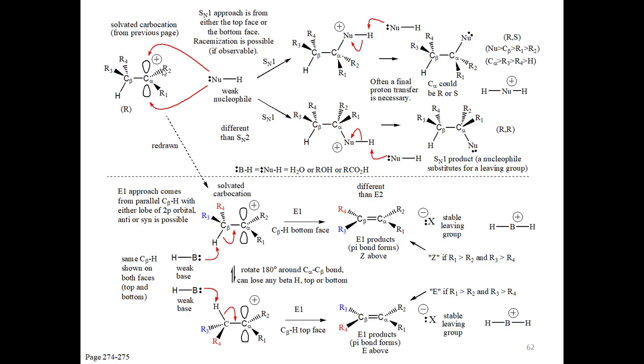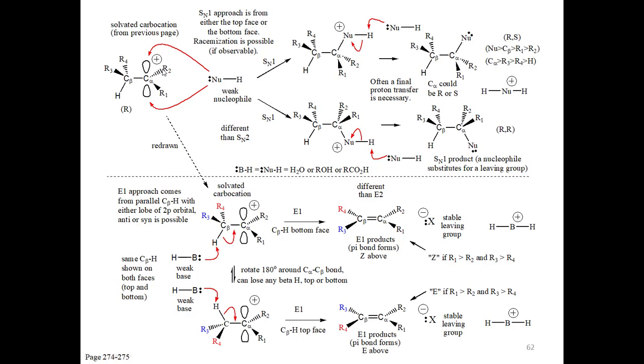So coming over here, we would have R3 facing R1 and R4 facing R2. It would depend on their priorities whether this is E or Z. Say R1 is higher than R2, and R3 is higher than R4. So these two are higher priority, this would be Z.